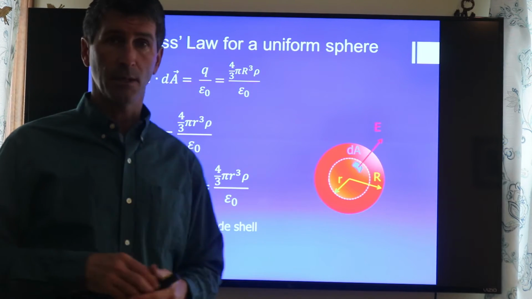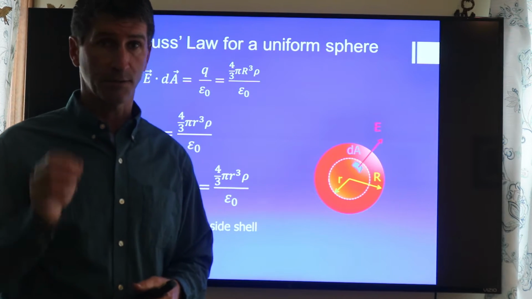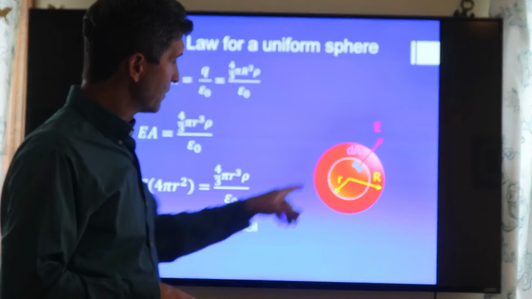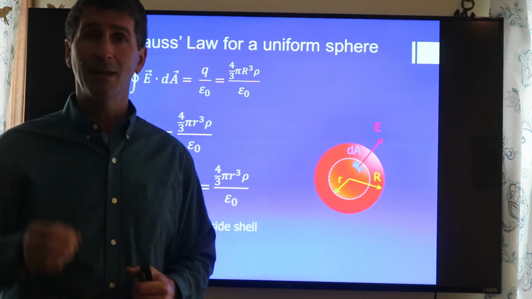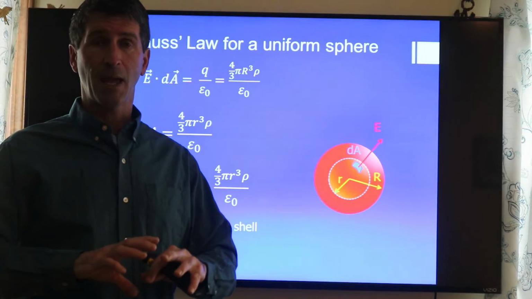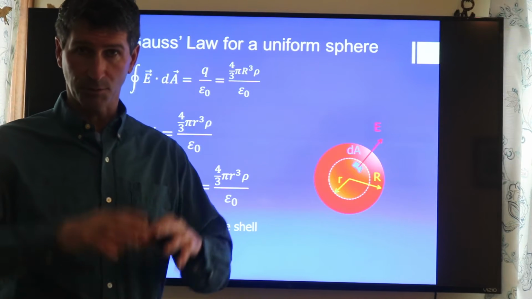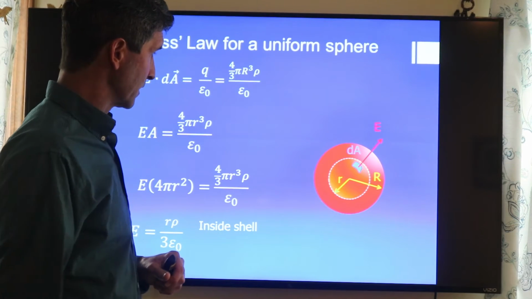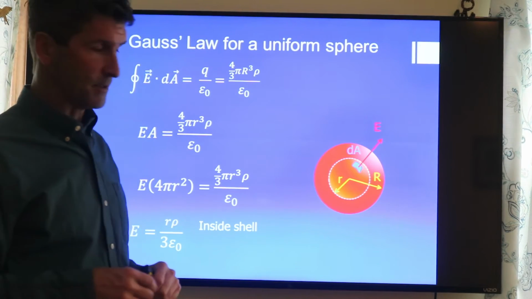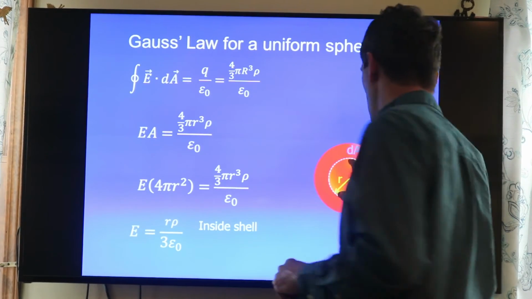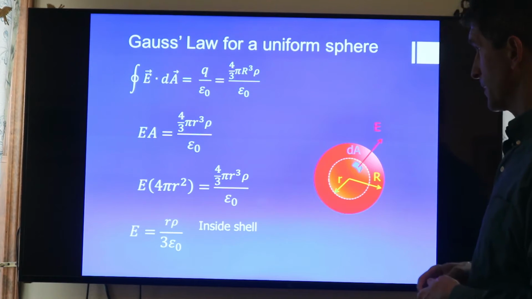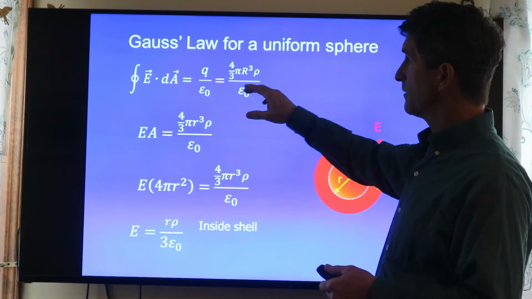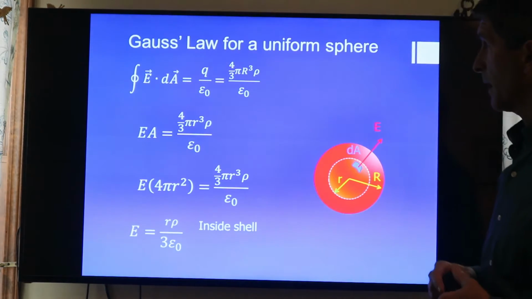Large R is the radius of our charged sphere. But remember, small r doesn't just represent the Gaussian surface itself. It also represents how much charge is enclosed, or it's related to how much charge is enclosed. And that is the important part.